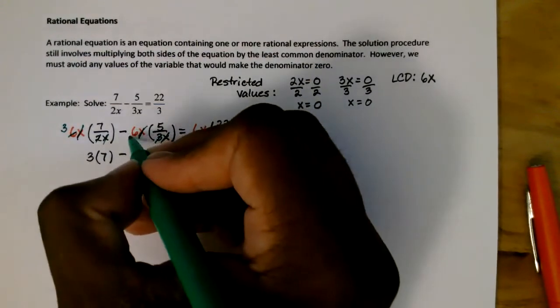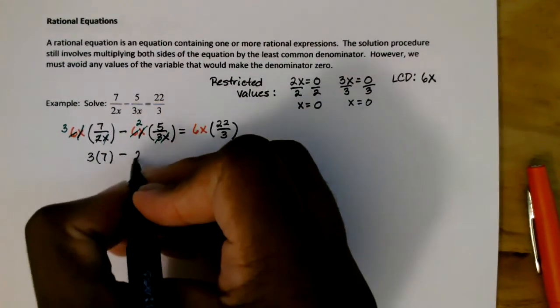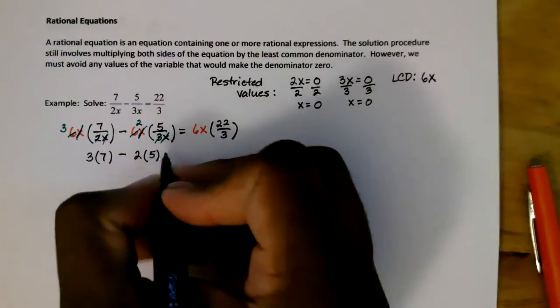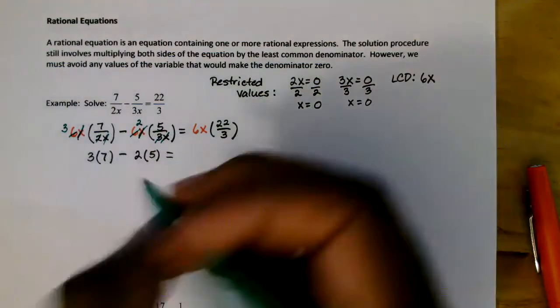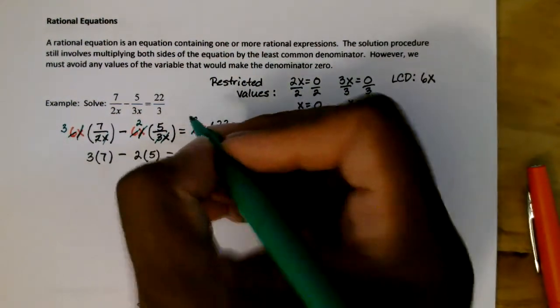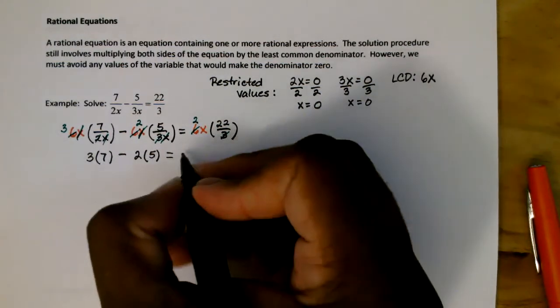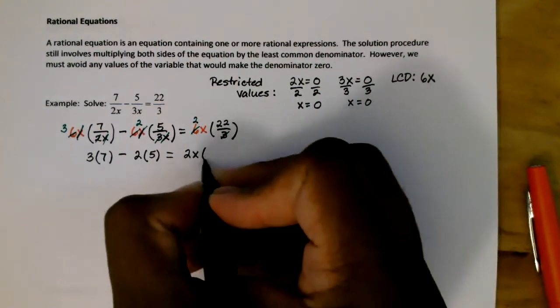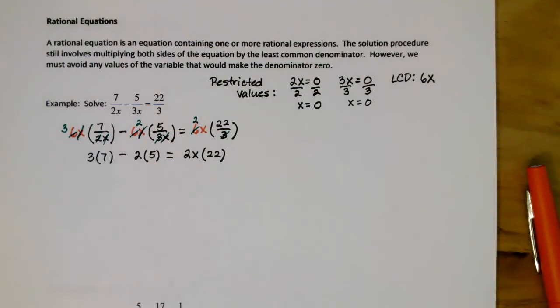And if I divide 3 into 6, that will go 2 times. So 2 times 5 is what I have here, equals, now for the 6x times 22 over 3, the 3 will go into the 6 2 times. So this one will have 2x times 22. Now let's simplify all of this.